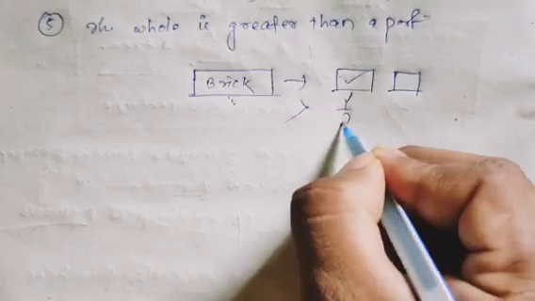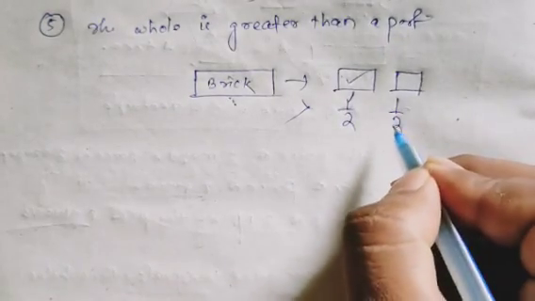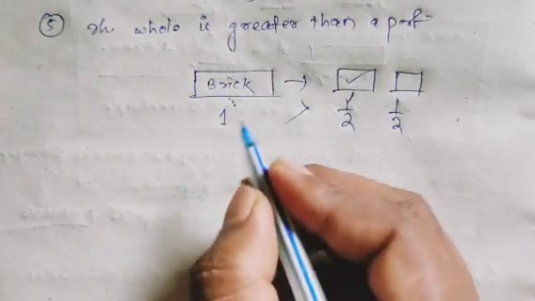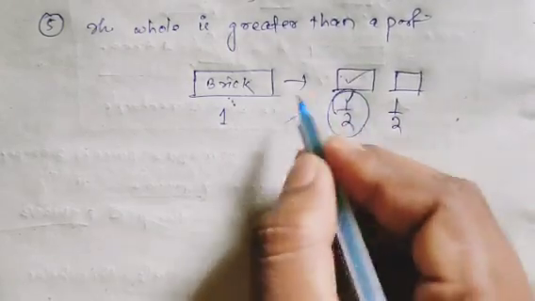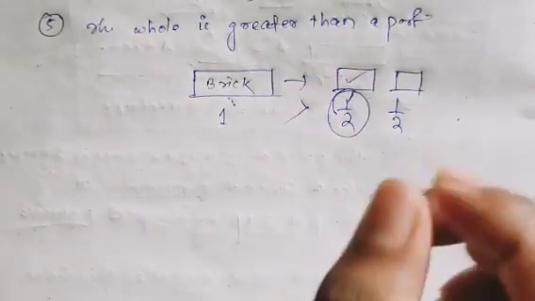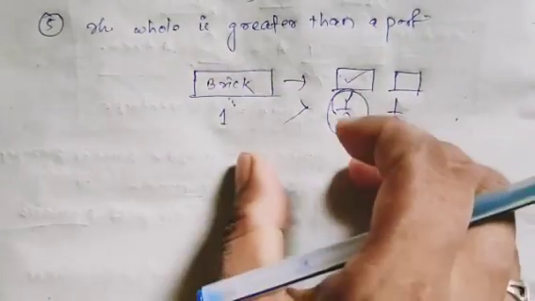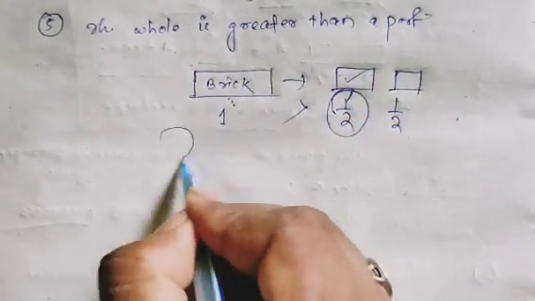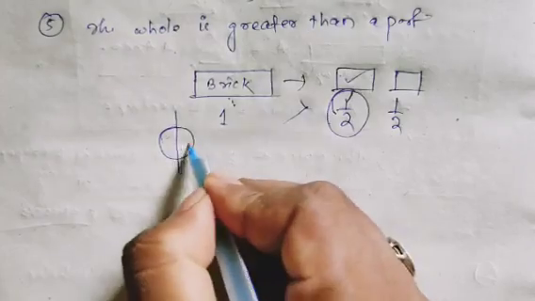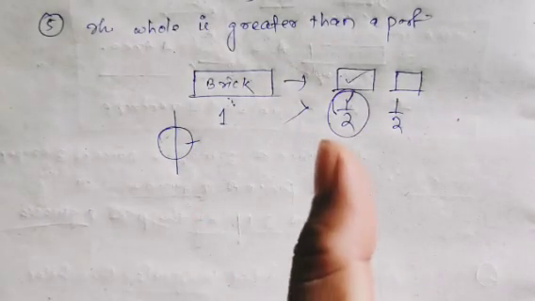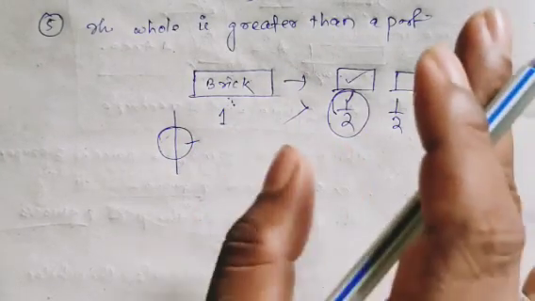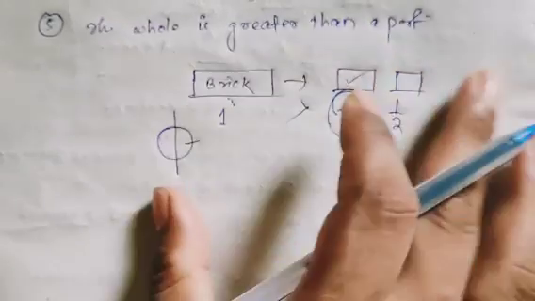This is 1/2 part, this is 1/2 part, or this is 1. We know that a fraction is always smaller than the whole. Right? The whole is greater than a part. If I break something into pieces, the pieces are always less than the whole.